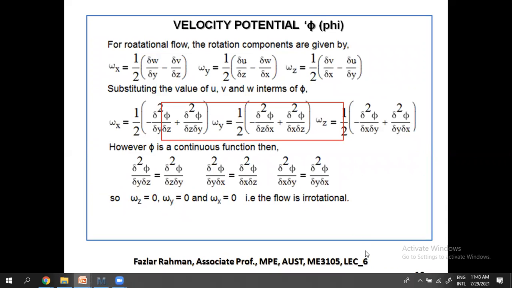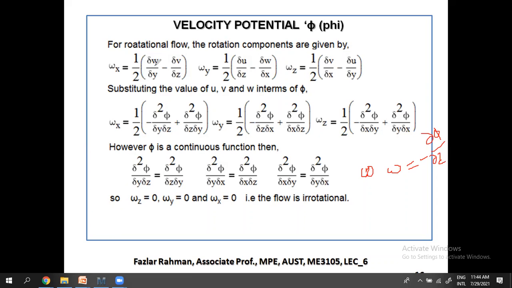Then we will get, for example, omega x, that means rotation around the x-axis, becomes this one. We know that w equal to minus del phi divided by del z, right?